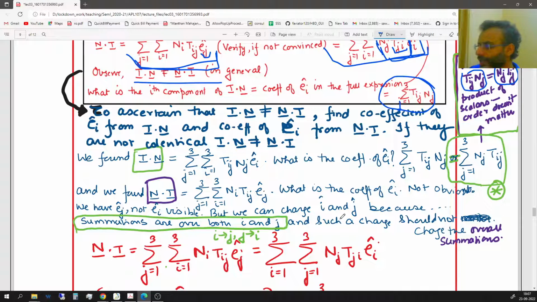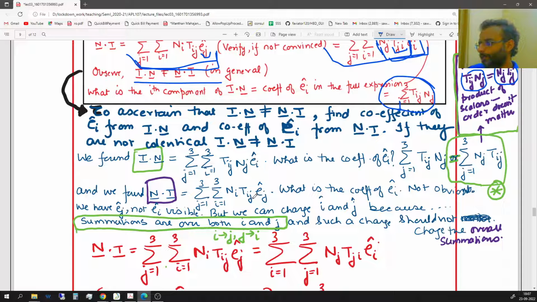But we can change i and j. Why? Because in this expression of n dot t, both i and j are dummy indices. So there is nothing that stops me from changing this j and the other j that is appearing to i. But when I do that, I have to be careful that if I change the existing j's to i's, I already had i's there, which means I will start getting more than 2 i's.